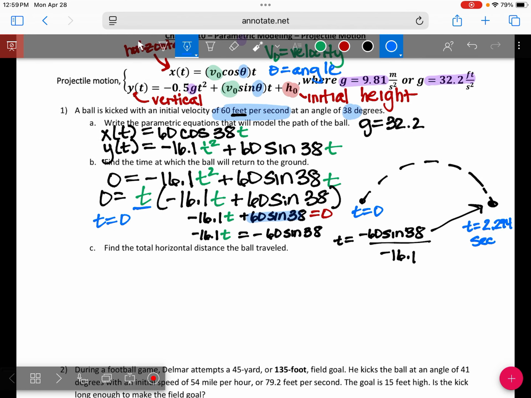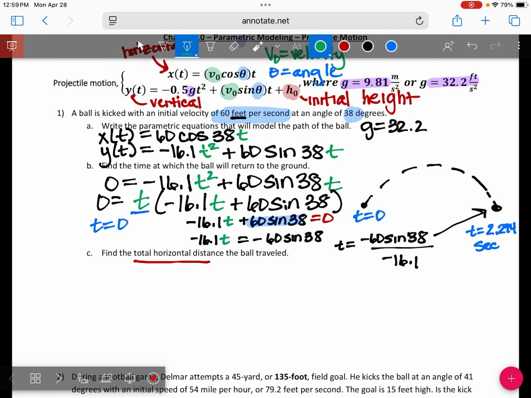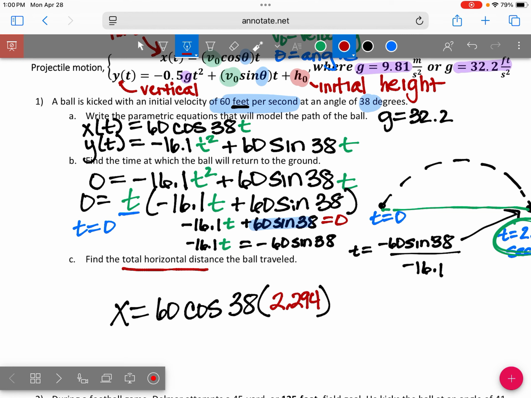Now part C is saying find the horizontal distance that it traveled. So going back to what I said at the beginning, that's your x parameter. To figure out the distance from here to here, I'm going to take the time it takes for it to hit the ground again and substitute it in my x equation. So x is going to equal 60 cosine of 38, and then we're going to put in our answer from part B. Type that in your calculator.